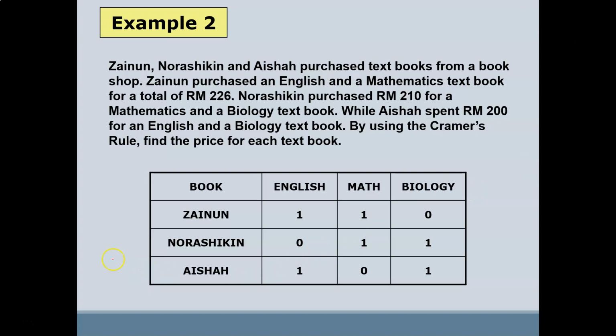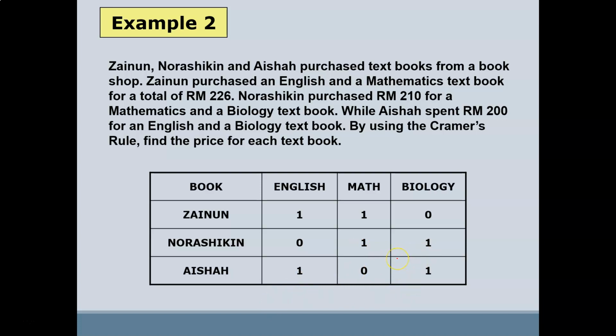Zainun bought one English and one maths, and no biology. Norashikin bought one maths and one biology, and Aisha bought English and biology.